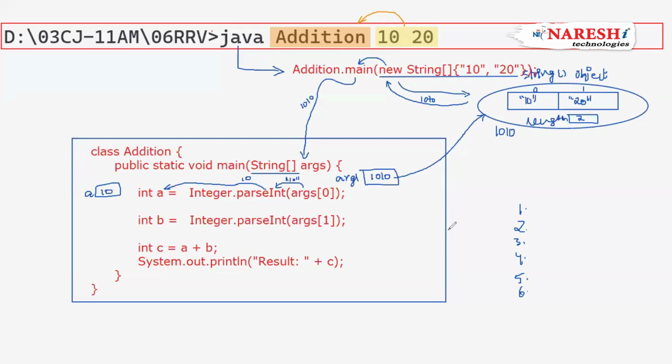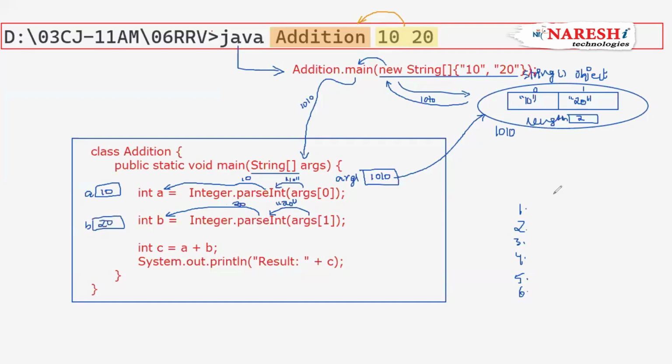All the people connected? Then next tell me, args of 1 reads and returns what value? Double quotes 20. Now double quotes 20 is given to parseInt. The internal logic of parseInt converts it to 20 and stores it inside variable b. Now variable b memory is created with what value?